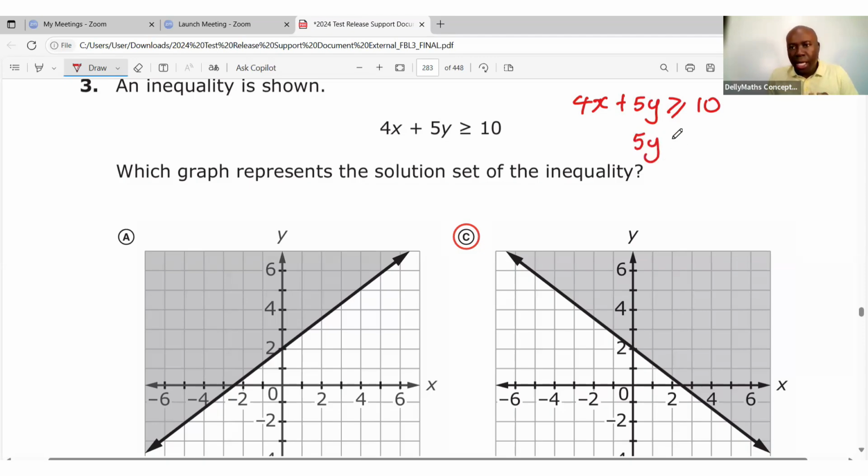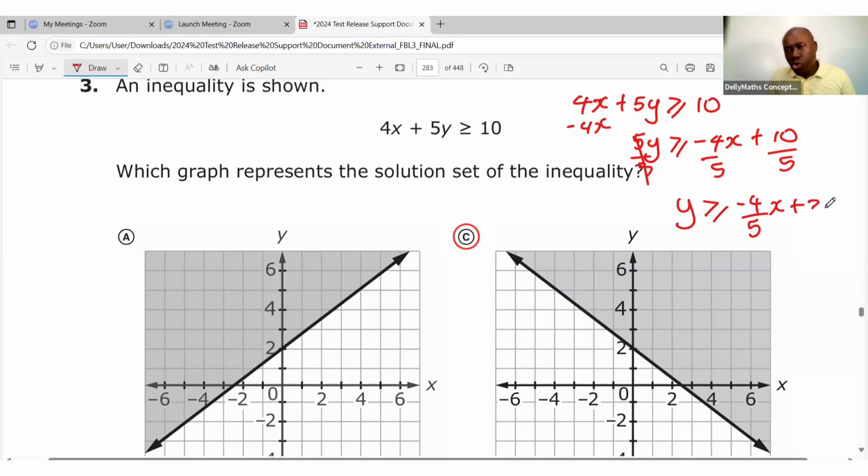So 5y will be greater than or equal to, I'm going to subtract 4x from both sides. So you're going to see the minus 4x here, and this is a positive 10. Lastly, I'm going to divide throughout by 5, right? So when I do that, y is greater than or equal to negative 4/5 x plus 2.